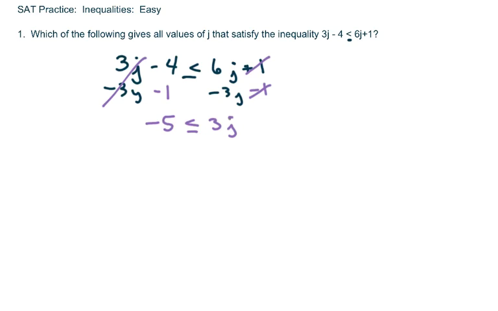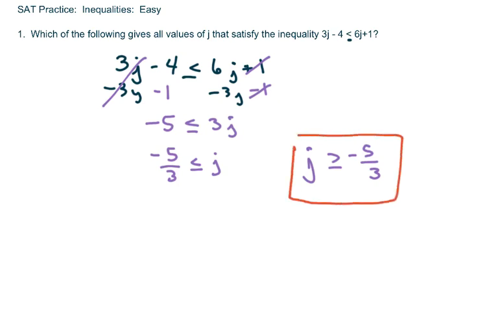Divide both sides by 3 to get negative 5 over 3 is less than or equal to j. Or you could say j is greater than or equal to negative 5 over 3. So that's all the values that satisfy that inequality.